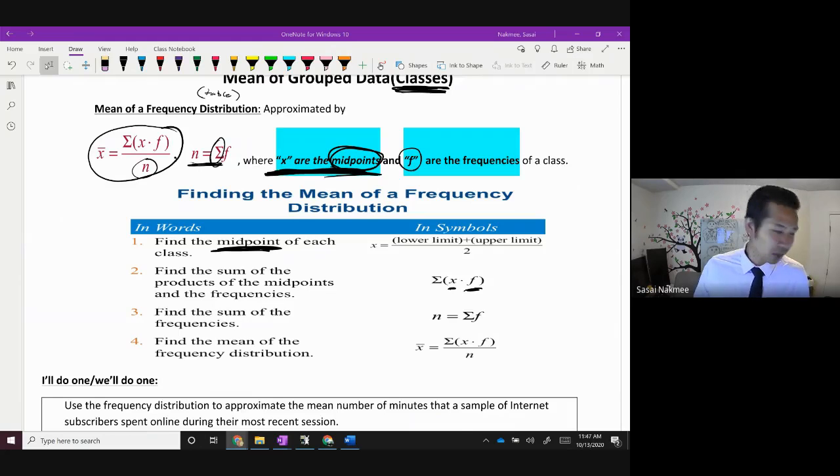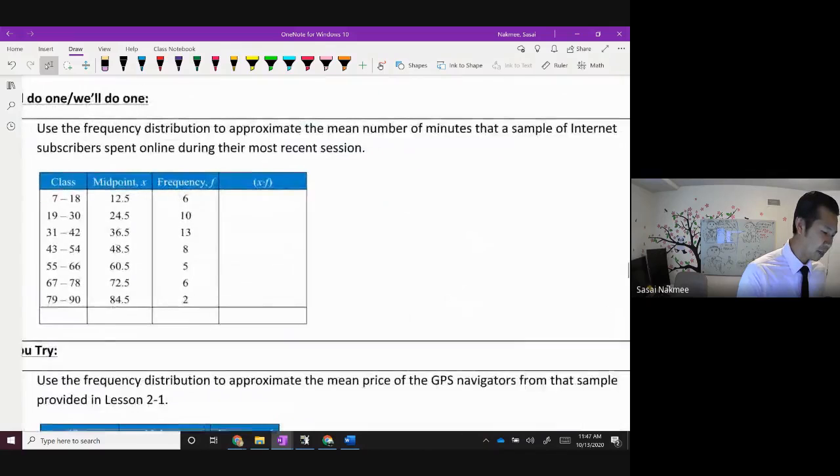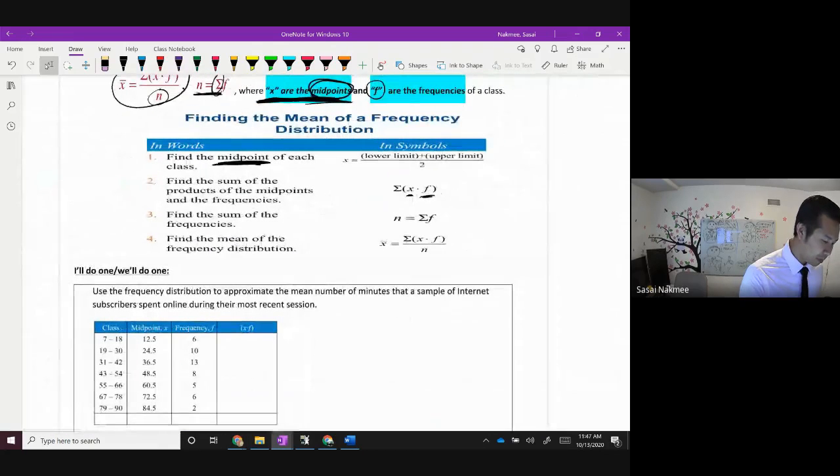So let's go on to this one right here, the "I'll do, will do," and let's do this problem together, okay? Let me write down this formula right here.